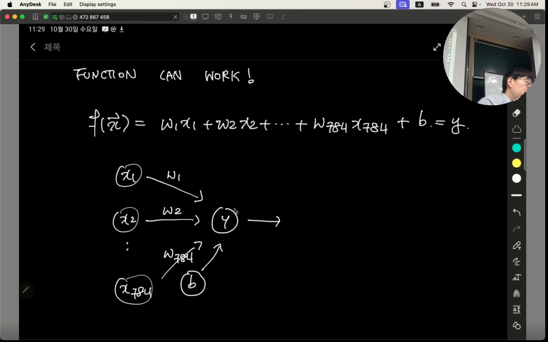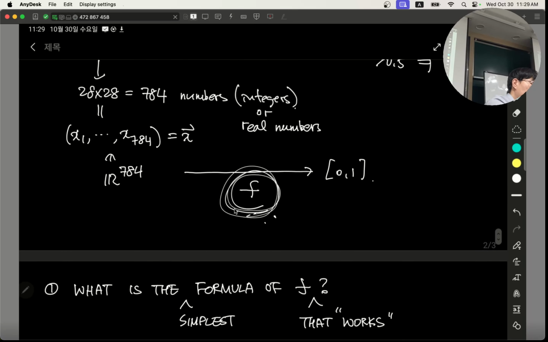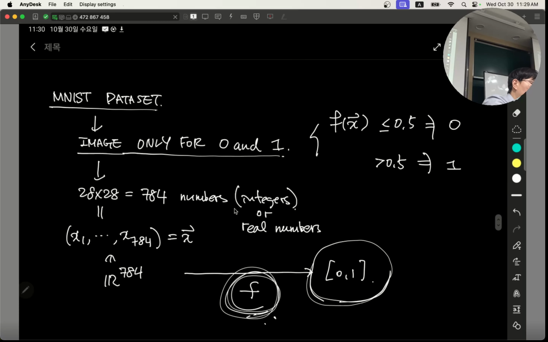Now, the question is, as I said, I want the function to have a value between 0 and 1, because when the function value lies between 0 and 1, I can predict the image digits by this simple principle, right?